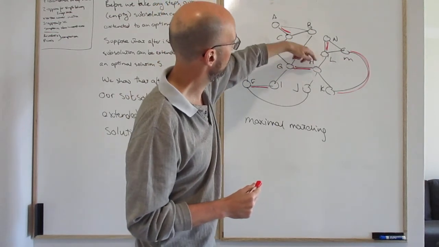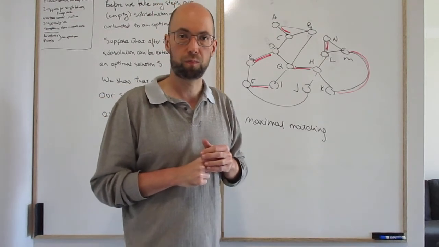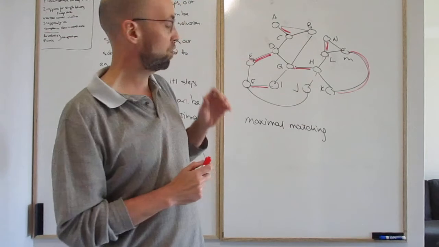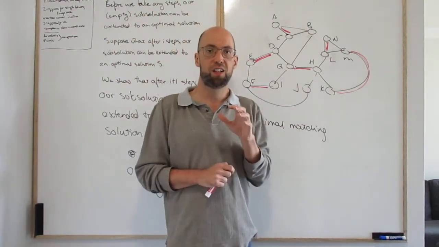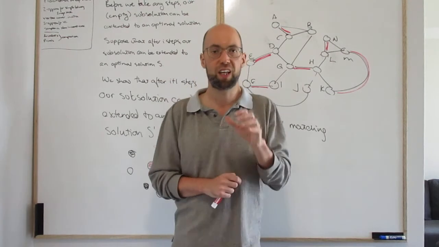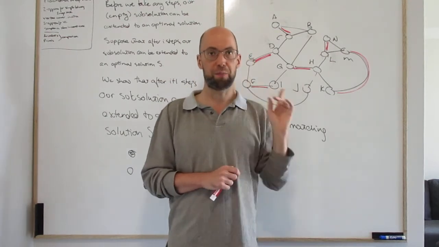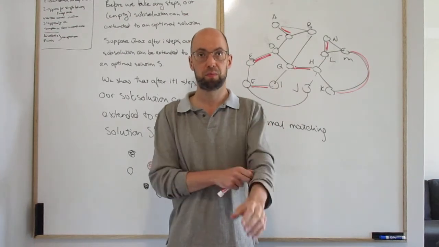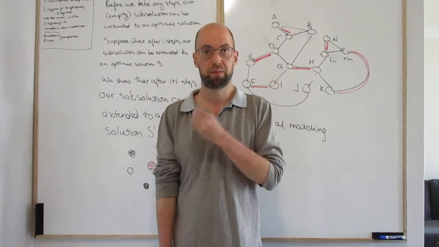Yeah, we can't add to this matching. But notice that in a vertex cover, we have to be covering every edge in that matching, and everything else, all of the edges, but in particular the edges in this matching.